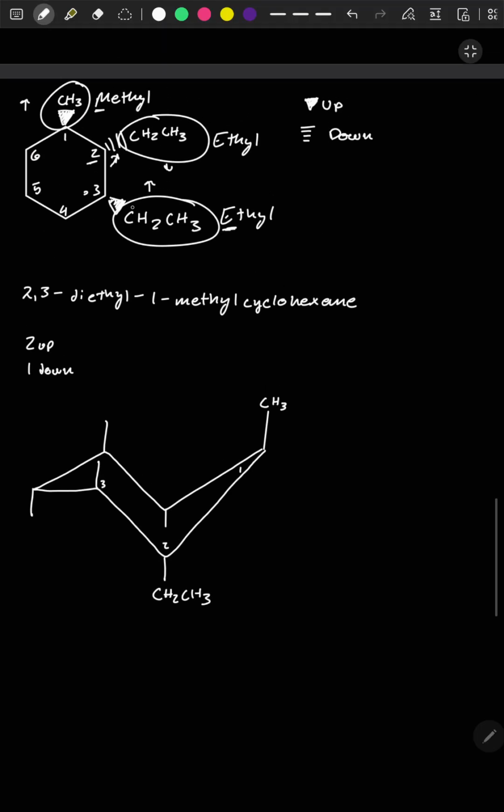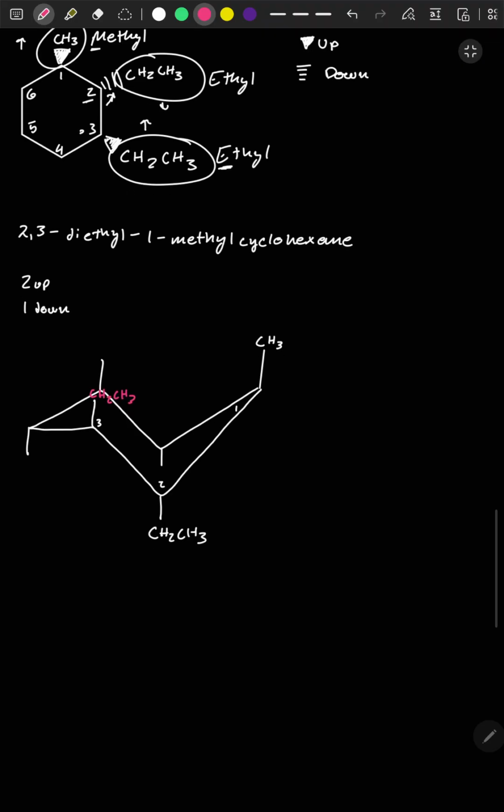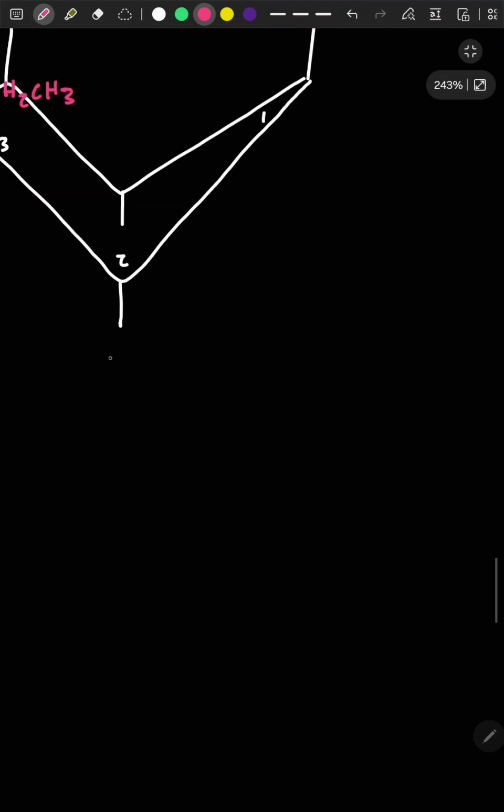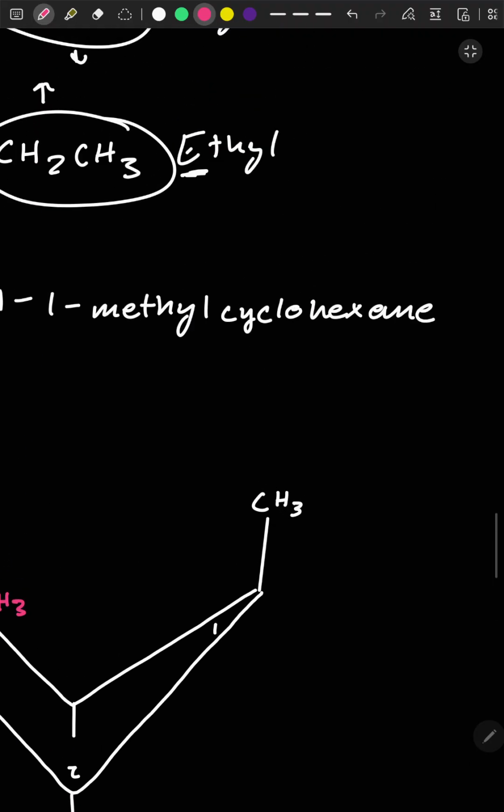And then on the third one, it's going up, so we're going to have another one that's on the axial because it needs to go up as well, so CH2CH3. Sorry, I'm writing these in pink, a different color, because they are hard to see whenever they're going through white, so I want them to be easily recognizable.